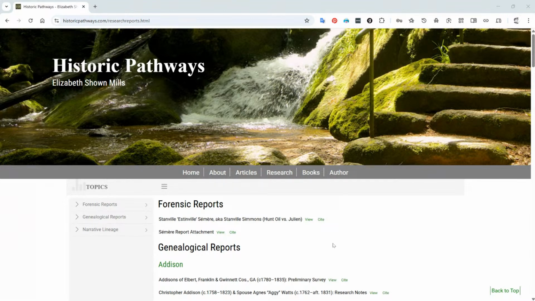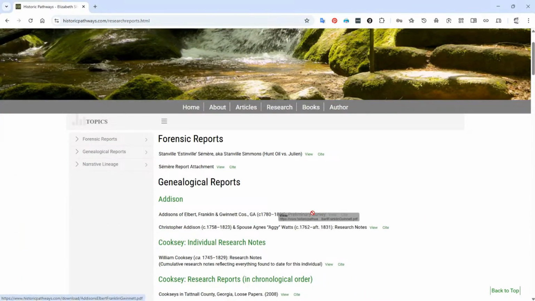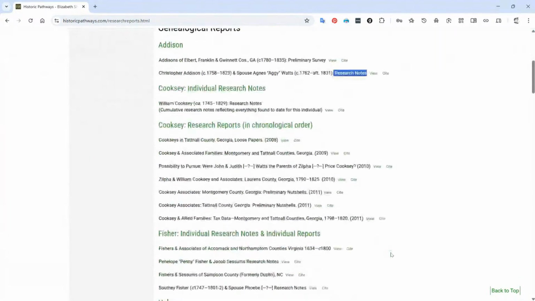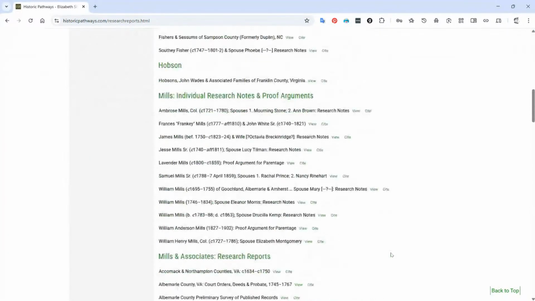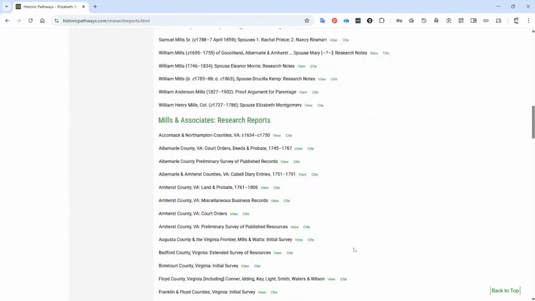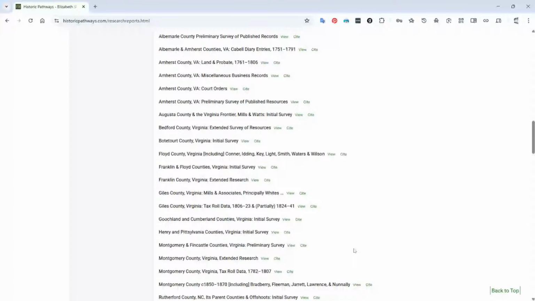So there are genealogical reports like a preliminary summary, the research notes, which is basically what you've given me. And let's find a proof argument. Parentage, research notes. I'm not finding it labeled that way.